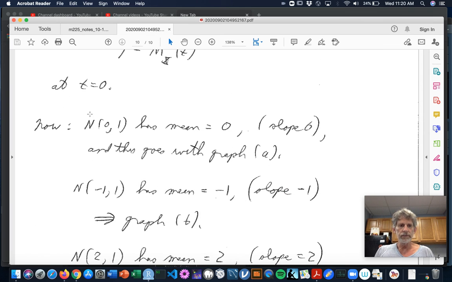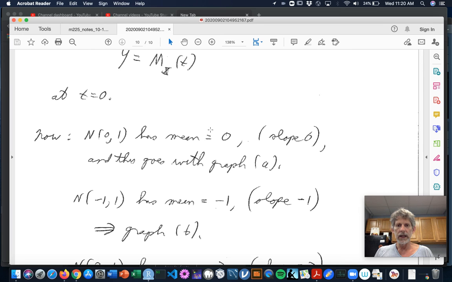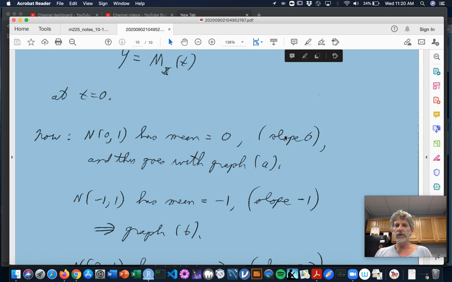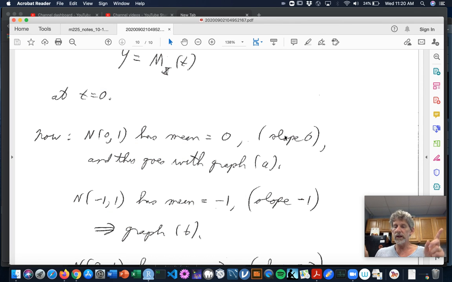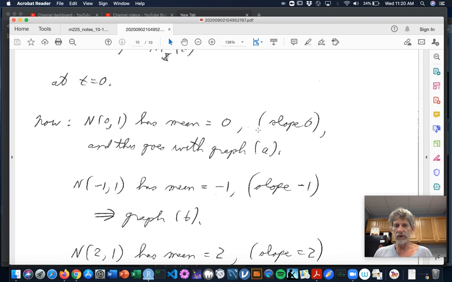So when you look at your random variables, the normal 0, 1 random variable has a mean of 0. And so the slope of the moment generating function at 0 will be 0. You just look at those three graphs, and there's only one of them that has slope 0 at t equals 0.